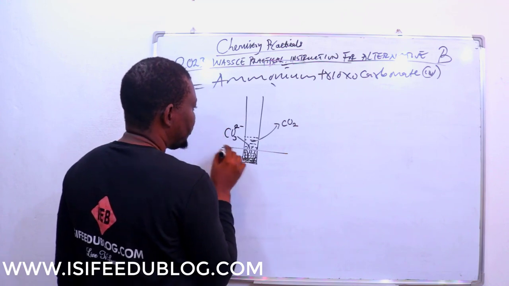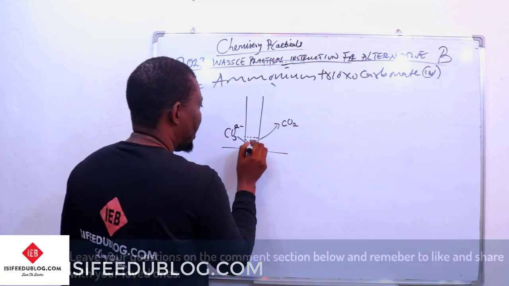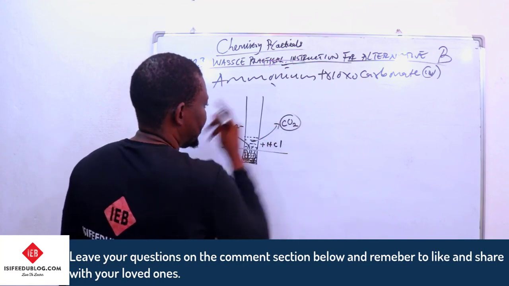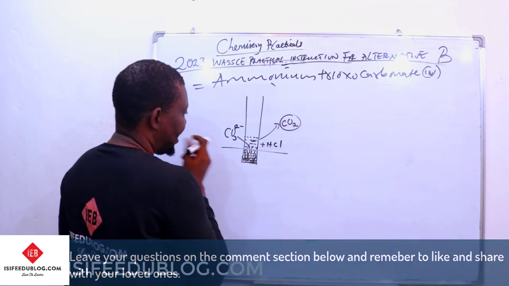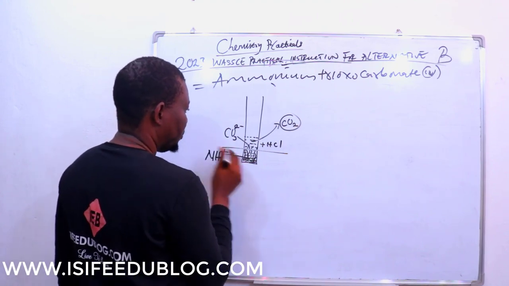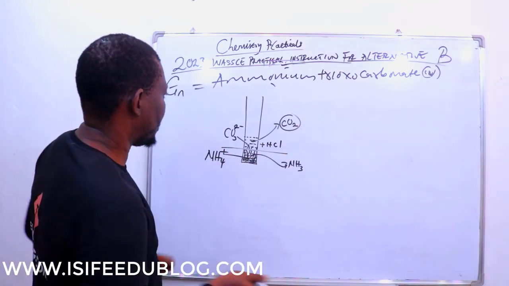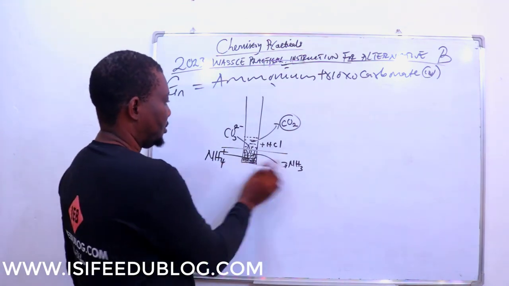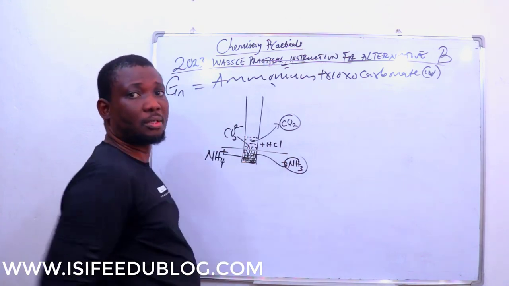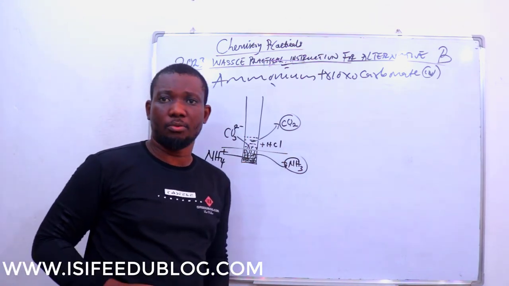In here, I will add HCl, which brings out this. In the next part, to test for this, we confirm this from this. That's the only simple test we're going to carry out in number 2.